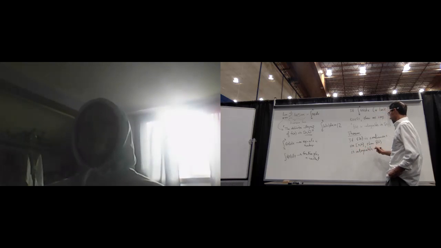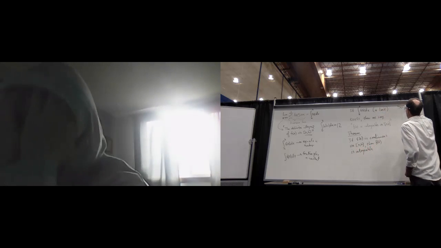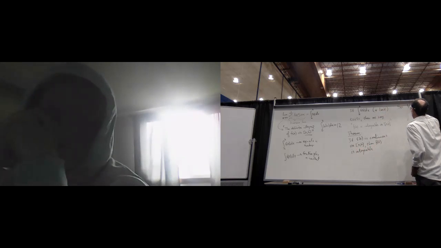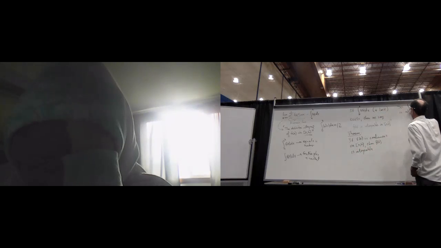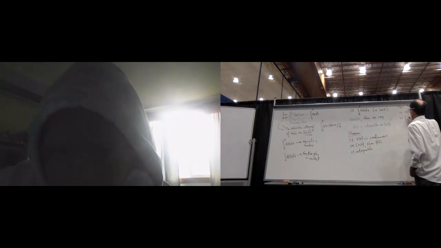So we know the function x squared plus 1 is integrable on the interval 0 to 3. We found the number, 12. But that function would be integrable on any interval because it's continuous everywhere.